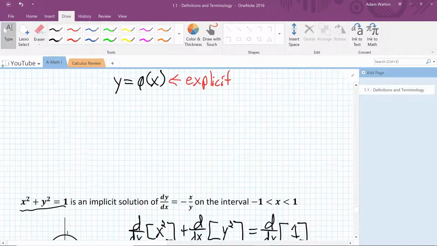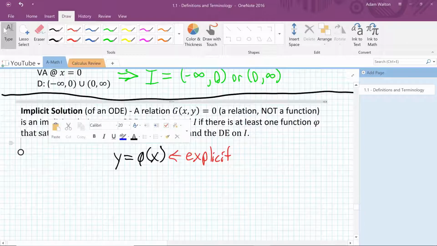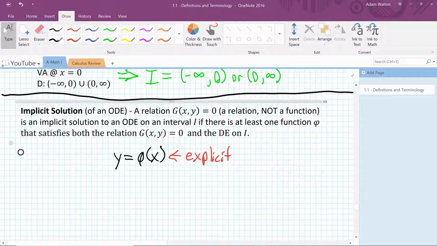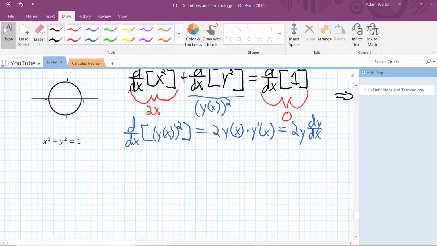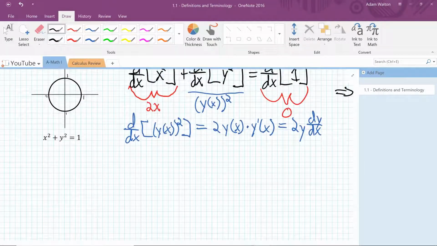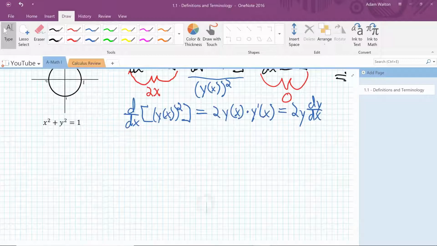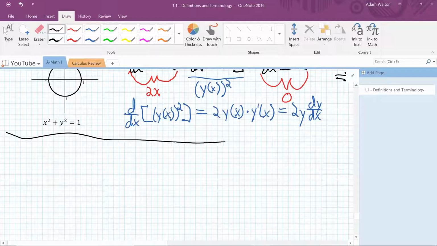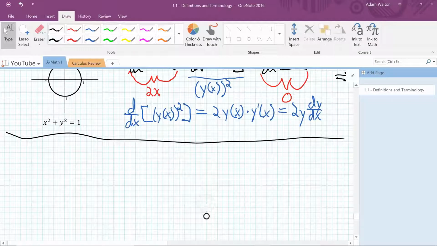But now, remember what we're looking for. We're looking for at least one function phi of x that satisfies both the relation and the differential equation on I. So let's take x squared plus y squared equals 1 and solve for y.